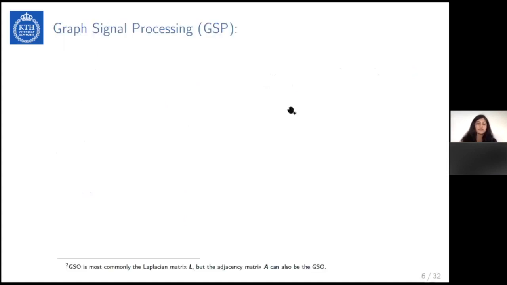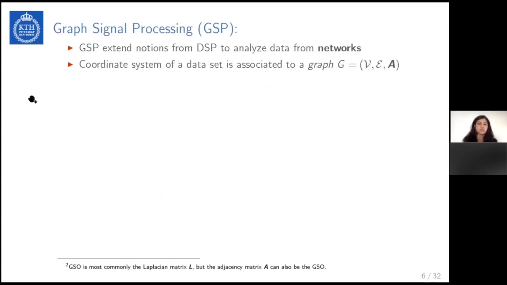So first, let me start with the introduction. What is graph signal processing? As I said before, GSP extends notions from discrete time signal processing, or DSP, to analyze data that come from networks. So what happens here is the coordinate system of the data set is associated to a graph with vertex set V, an edge set, and a possibly weighted adjacency matrix.